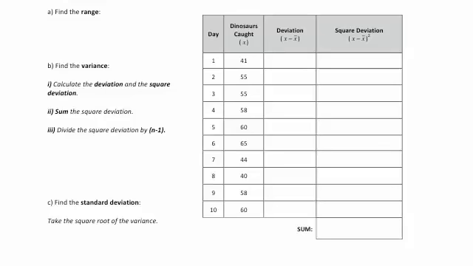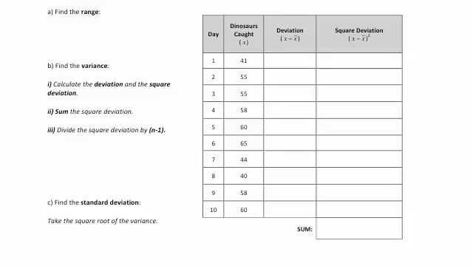We need to know how to do this process by hand, which you're about to do, and using Excel, which can make it a lot simpler and faster, but we need to know how to do it by hand first. So pause and calculate the deviations and the square deviations yourself.